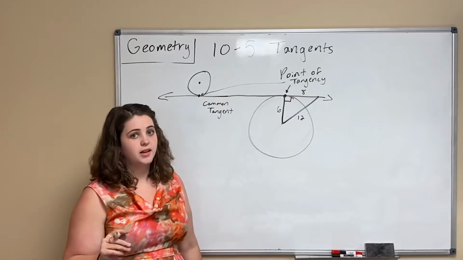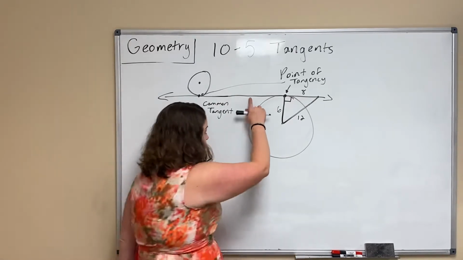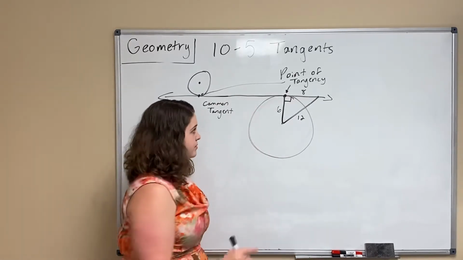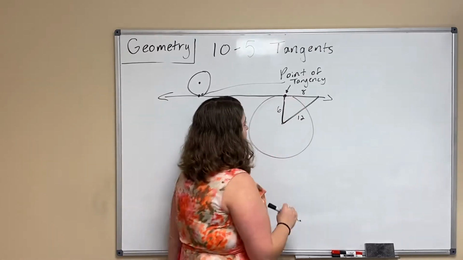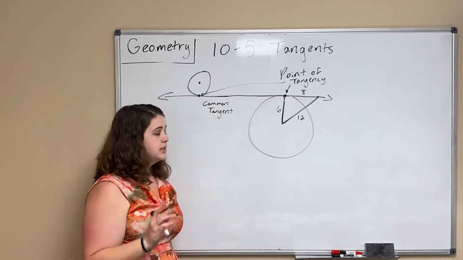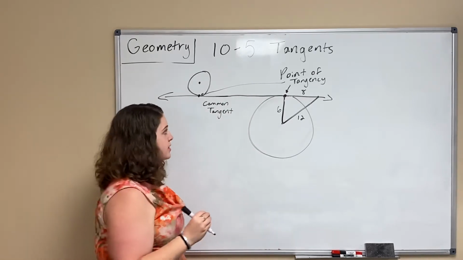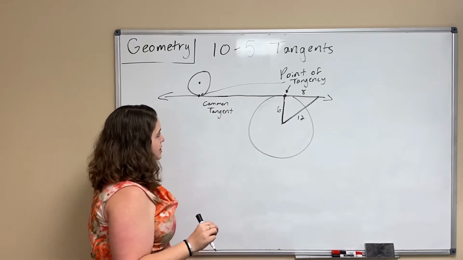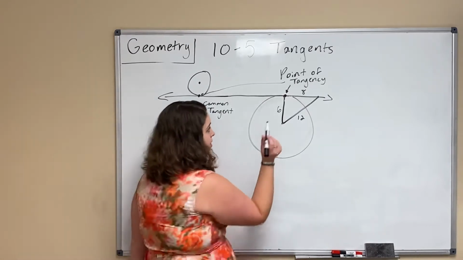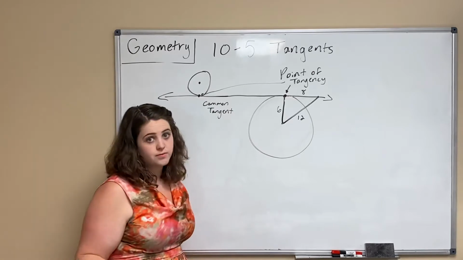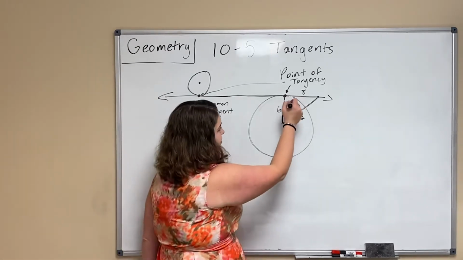And they said, tell me whether or not this is a tangent of this circle. We don't know what this angle is, but we know these side values. What we need to know is basically, is this a right triangle? Is this a 90-degree angle?